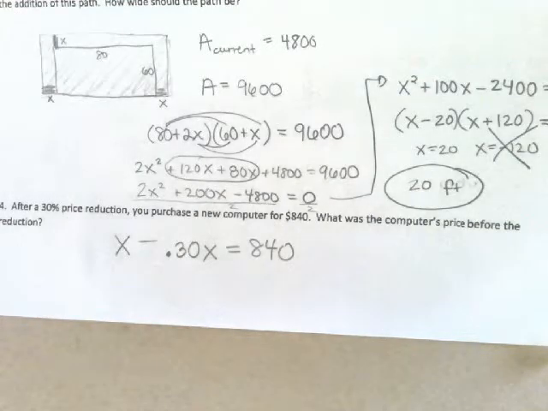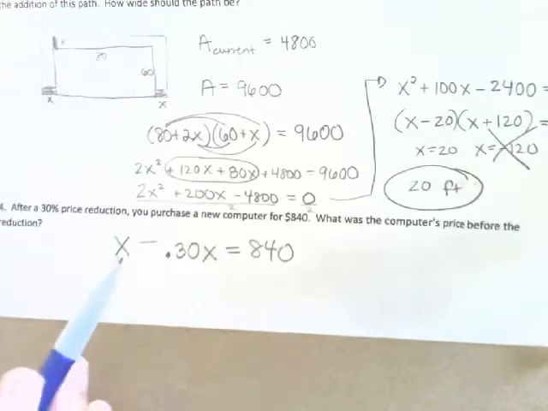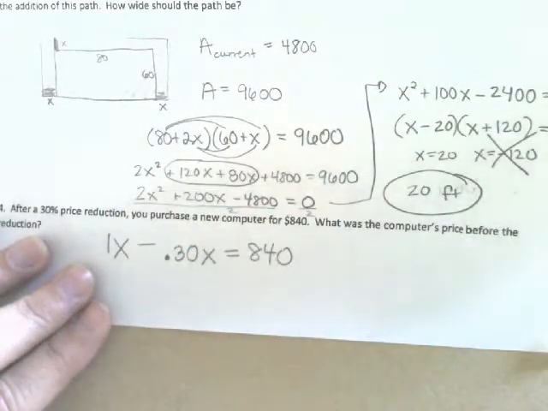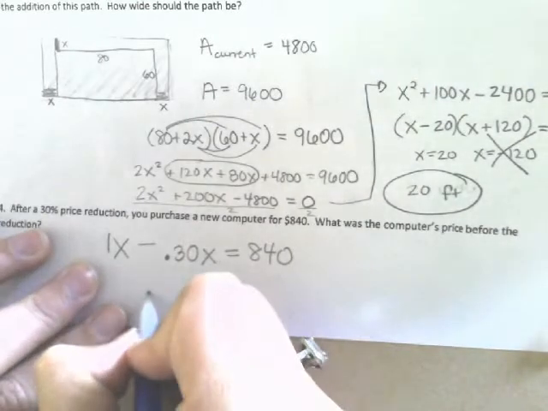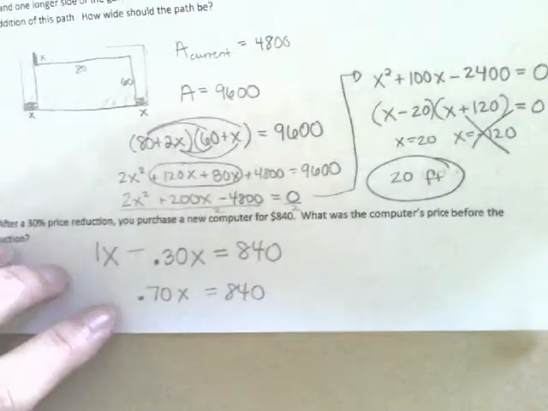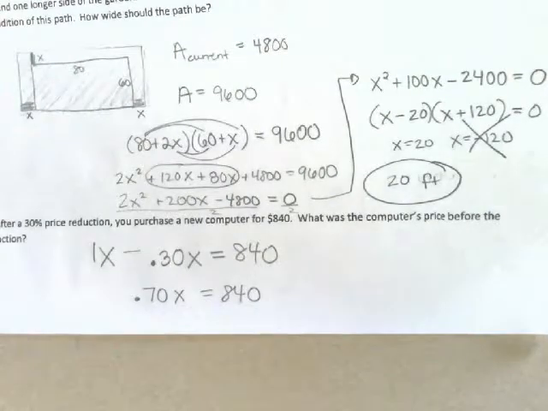Now, I'll get to you in a second, Nick. From here, we would just solve, combine like terms. So this is technically 1x minus 0.30x, which would be 0.70x. And if you're in the middle of a store and you're trying to do this in your head, this might be where people start.